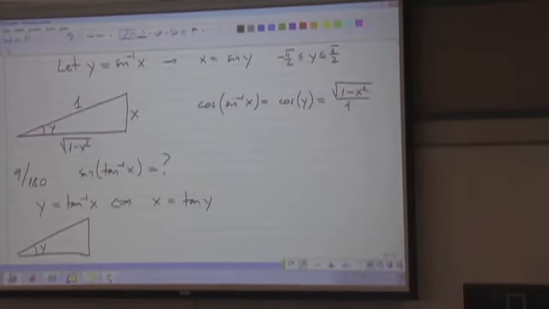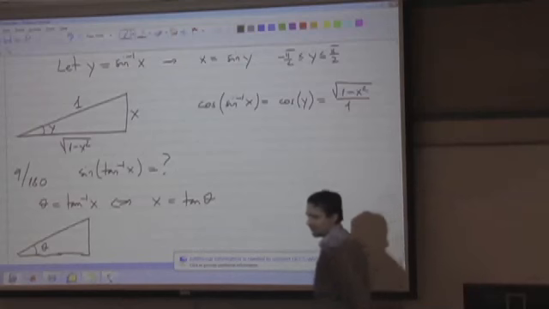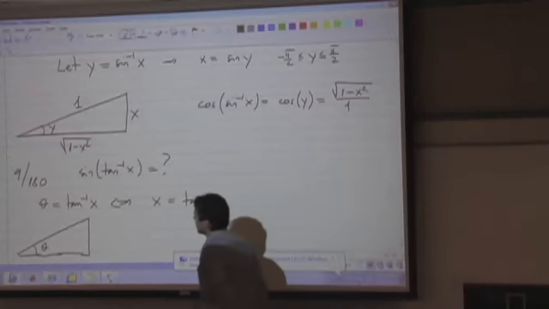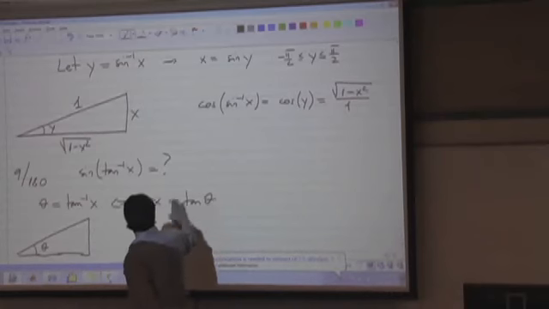I don't necessarily like the way your textbook does these things, so I'm going to readjust. I'm going to name them theta, so we know for a fact that we're talking about an angle. It doesn't matter, you can leave it as y as well. So if this is the angle theta, then what do I know about tangent of theta being equal to x?